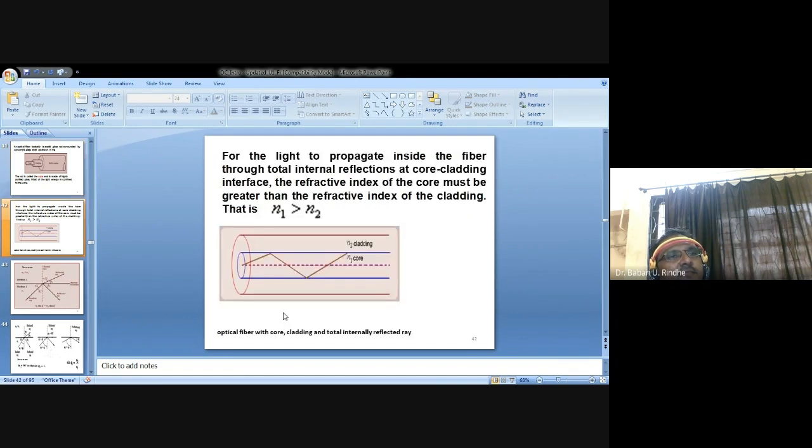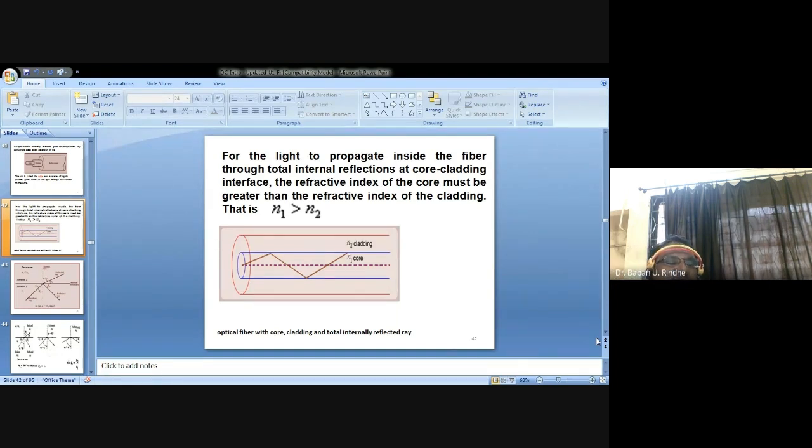For the light to propagate inside the fiber through total internal reflection at the core cladding interface, the refractive index of the core must be greater than the refractive index of the cladding. Therefore, as discussed previously, N1 is greater than N2. Suppose N1 is silica SiO2 at 1.48; then for the cladding you have to add some impurities in the glass, so its refractive index will be less than N1, that is 1.47 or 1.46.